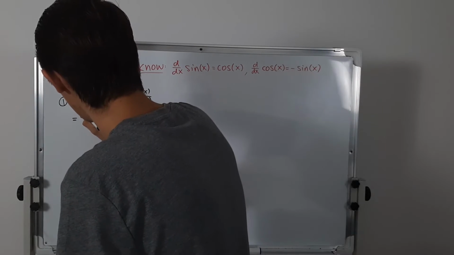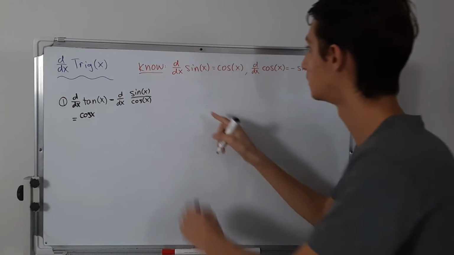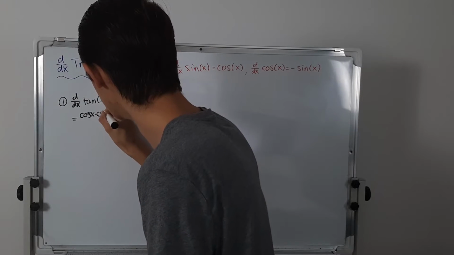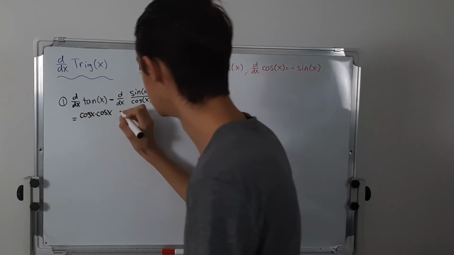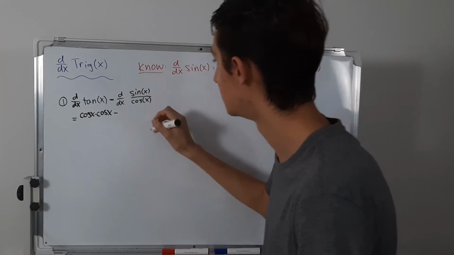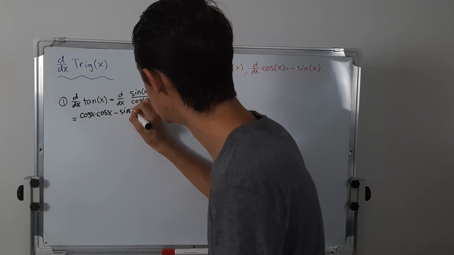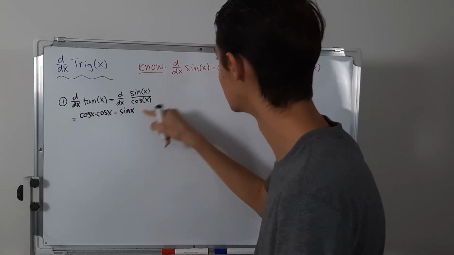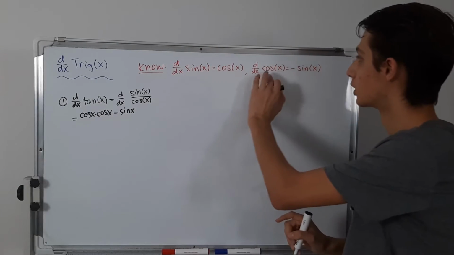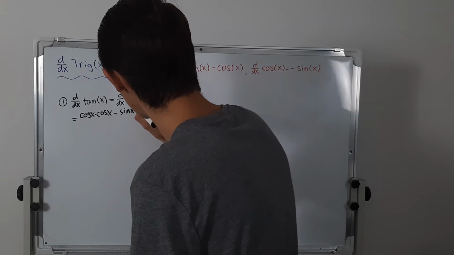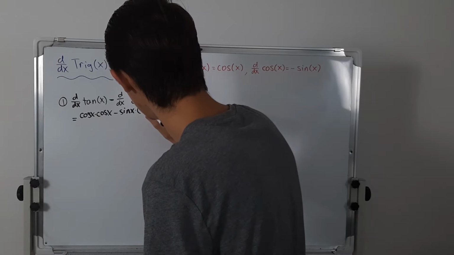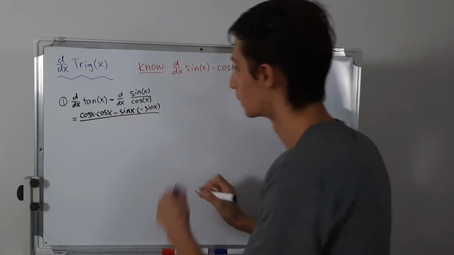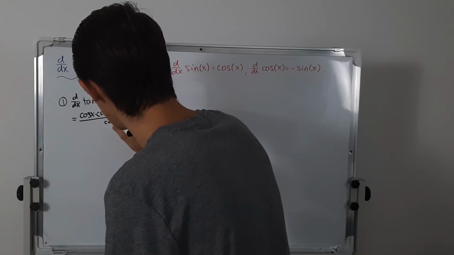So we have low times the derivative of sine, which is cosine. I'm just going to forget the parentheses. So cosine times cosine, minus high d low, the derivative of cosine, which I said is negative sine, so times a negative sine, over low squared, which is just cosine squared x.